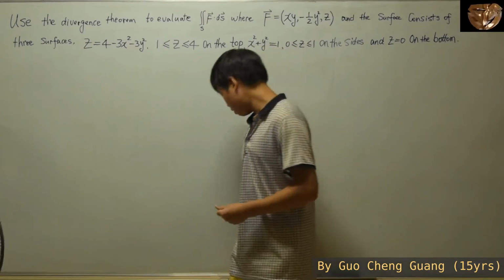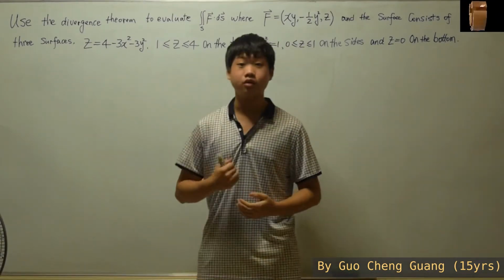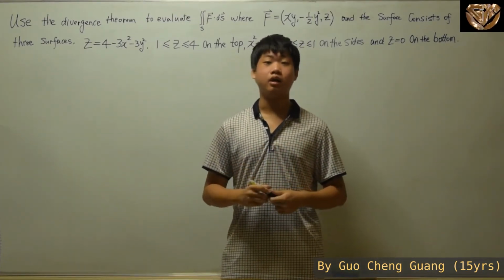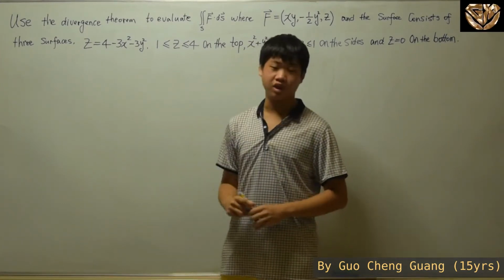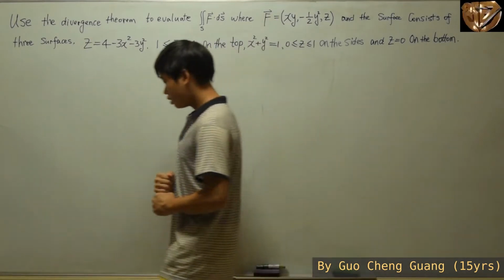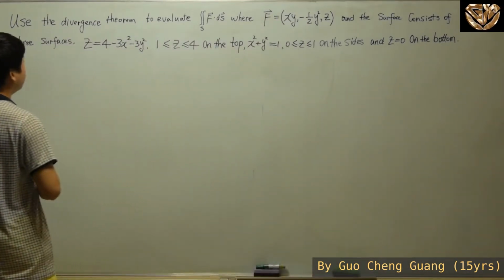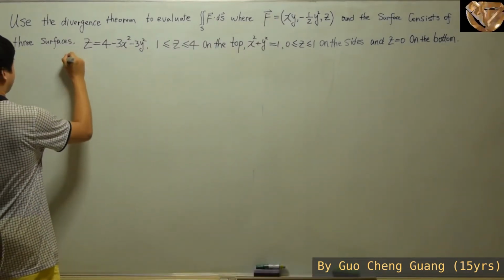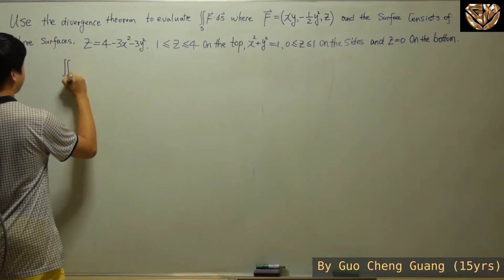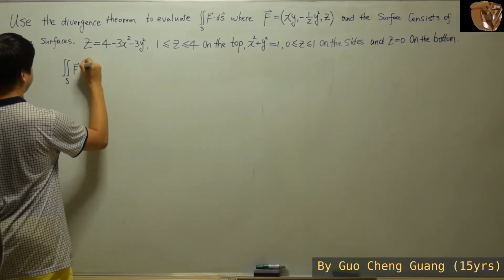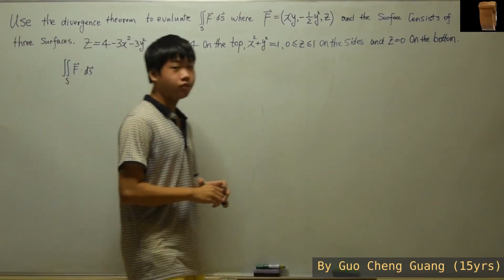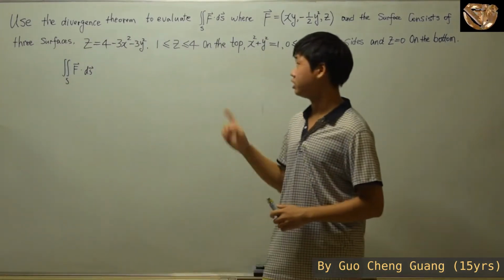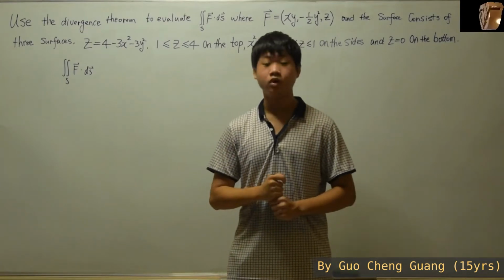So, when we take a look at this, first of all, we need to know the notations, the symbols used for the divergence theorem. Starting off, you might see something like a double integral over S of F vector dot dS vector. Firstly, what does the divergence theorem work with?